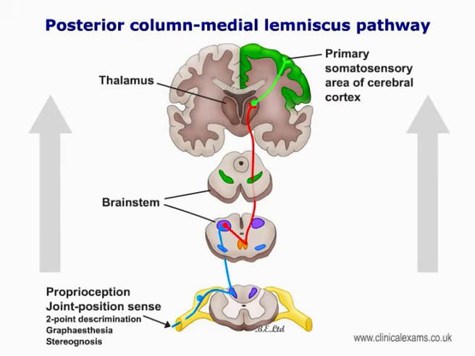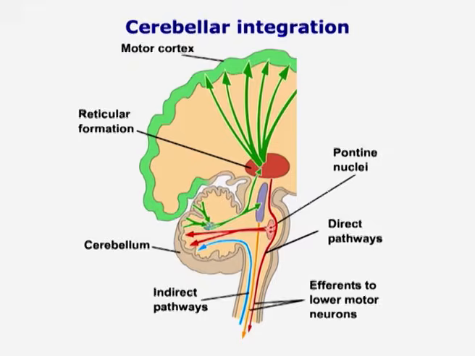Proprioception and joint position sense travels through the posterior columns and spinocerebellar tracts to reach the cerebellum and the cerebrum. These modalities, together with visual and vestibular input, are integrated in the cerebellum to facilitate posture and gait. Specific tests can be performed to test for coordination.